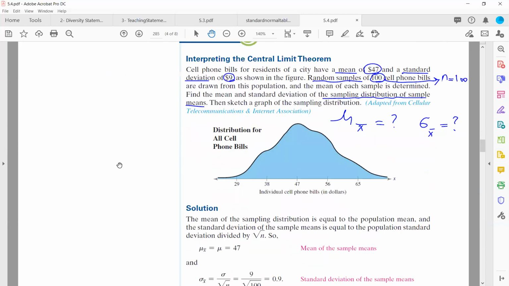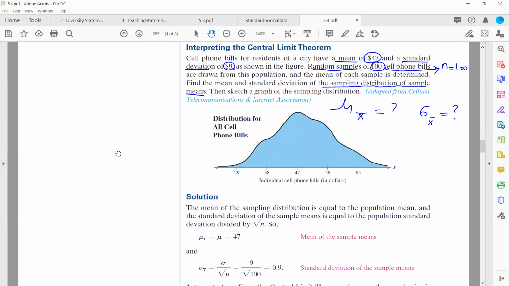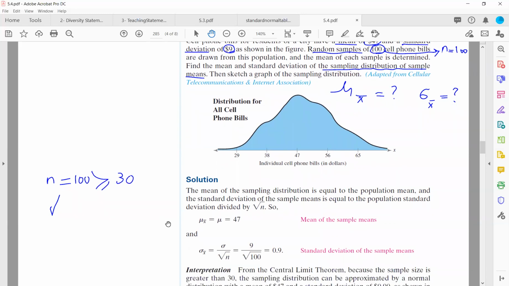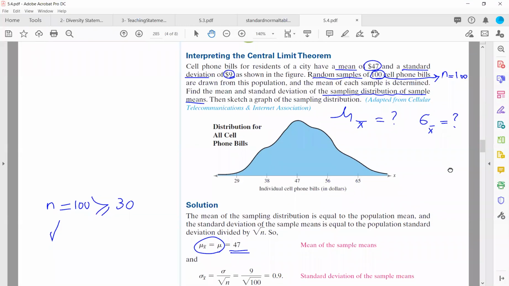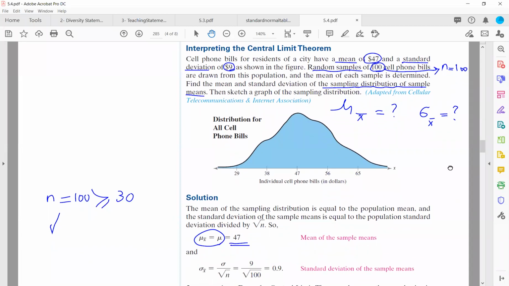Based on the central limit theorem, since n is 100 and it is greater than or equal to 30, we can move on and use it. The theorem says the mean of the sampling distribution is the same as the mean of the population. In the first line, we know that the population has mean equal to $47. So it's the same as the mean of the sampling distribution.